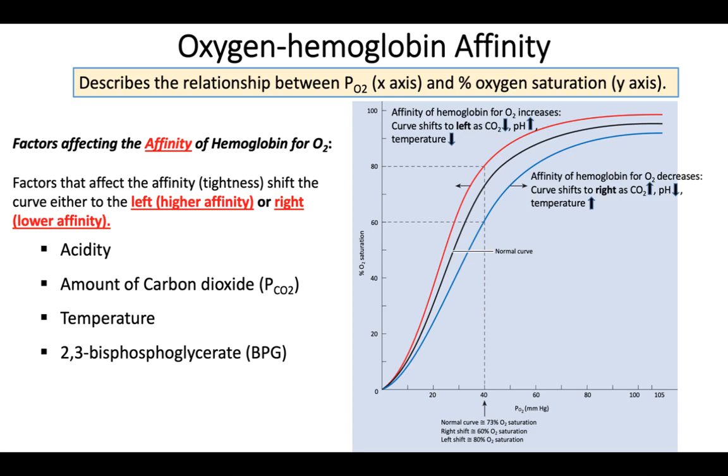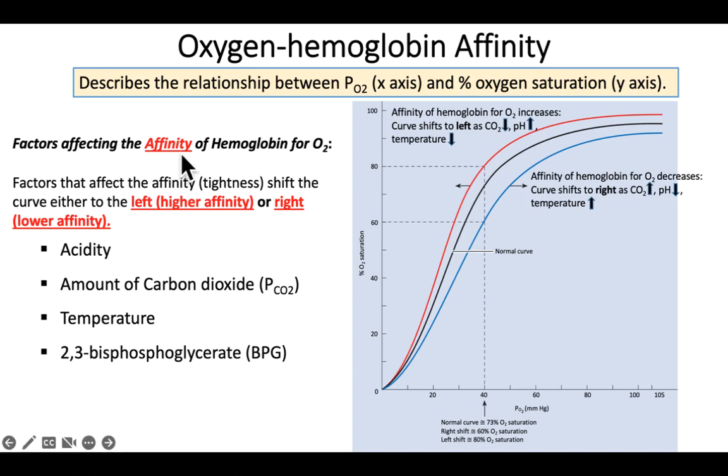But once you get the idea, it makes sense. You can't have hemoglobin just grab oxygen and never let go. You need to somehow get it to lower its affinity so it can release that oxygen. And then there are variations of that, depending on how much oxygen that tissue needs.